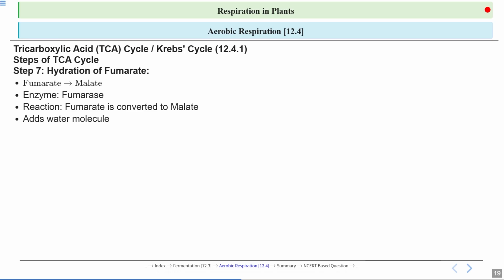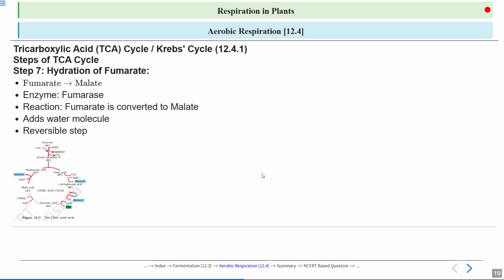A water molecule is added during this step. And also remember that this step is reversible, so it can go in either direction. So here we can see that fumarate is converted to malate or malic acid.